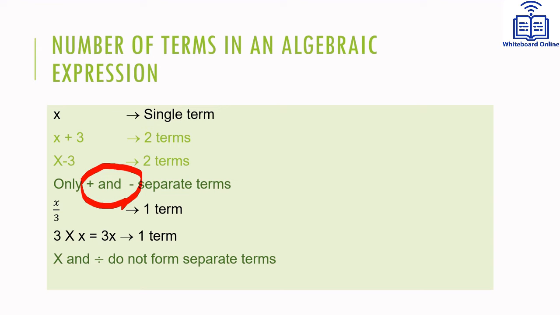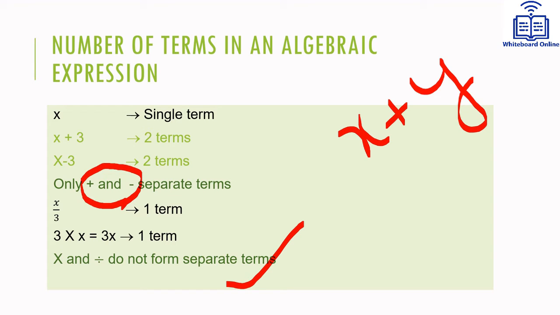Primarily these operations are plus and minus. Multiply and divide do not separate the terms. For example, x plus y. x and y are separated by the plus operation. Thus, it forms two terms.